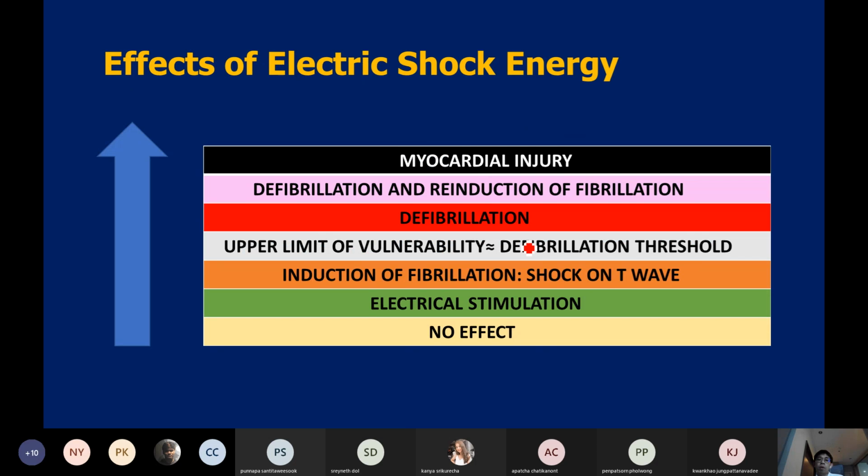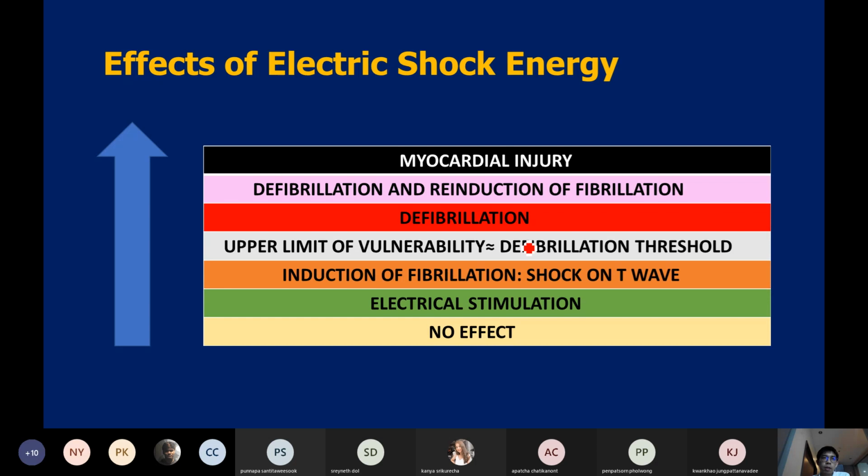As I mentioned before, if you apply an electrical shock to the patient, there will be some effect on the patient because you apply high power into the patient's heart. The worst thing is some myocardial injury, though some patients might not have any effect at all.